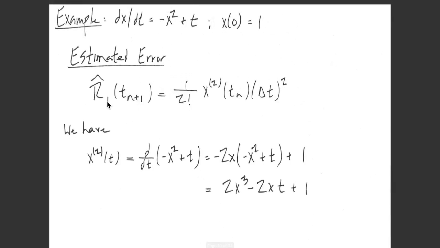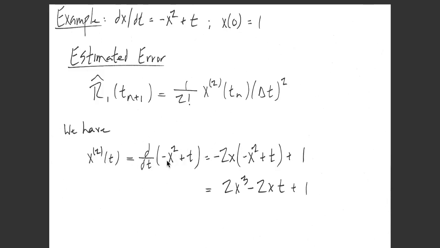Next, let's look at that estimated error term. Here's the general form of that estimated error for a first degree polynomial. Again, I've replaced my c by my Tn. We can work with the ODE in the usual way to expand this in terms of things we know.